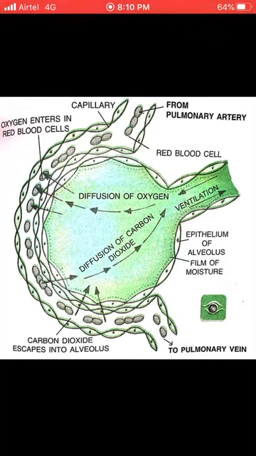The amount of oxygen present inside the alveolus is more than that inside the blood, so this oxygen diffuses into the blood, while the carbon dioxide present inside the blood is more than that inside the alveolus, so carbon dioxide diffuses into the alveolus. Both processes carry on simultaneously and at the same time.